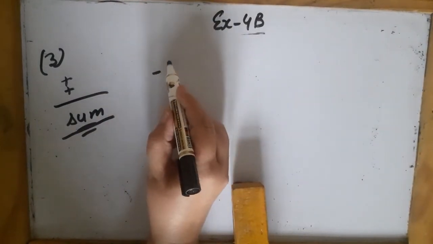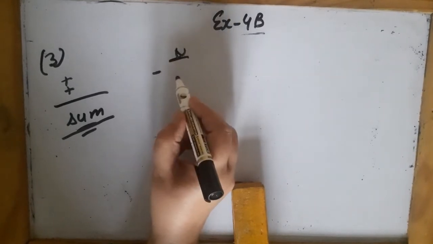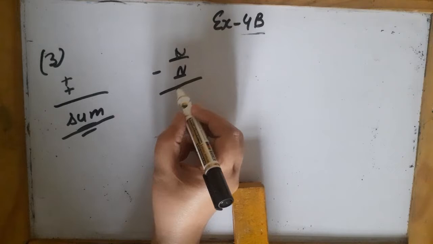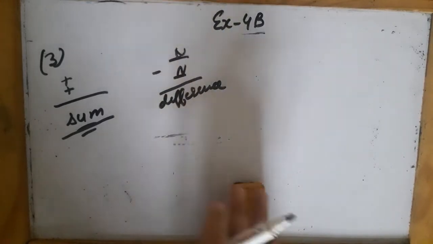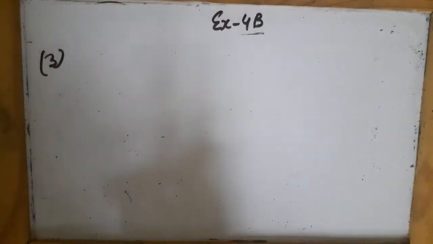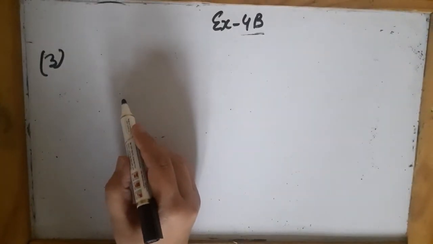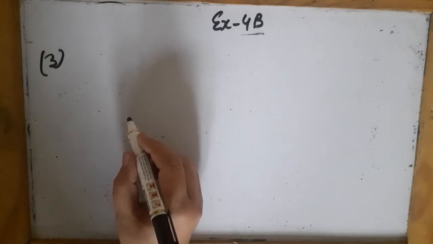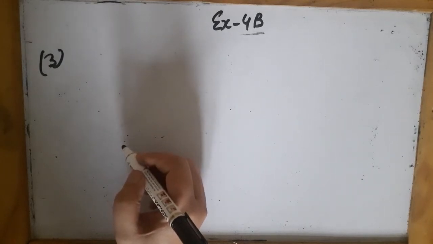Now when we subtract two numbers, the answer that we get, that is called difference. And previously also I told you, in a subtraction, the first number is called minuend, the second number is called subtrahend, and their answer is called difference.